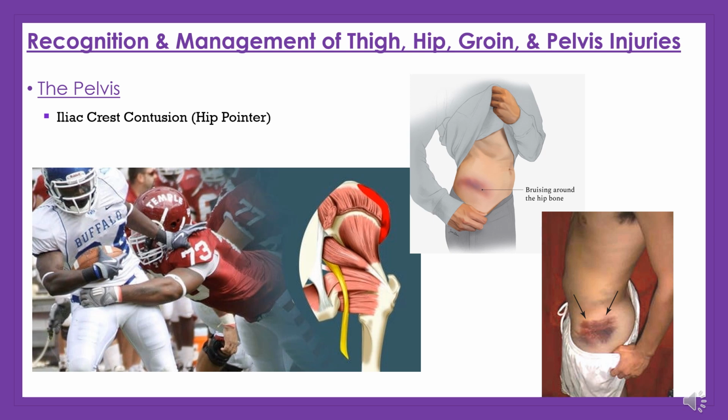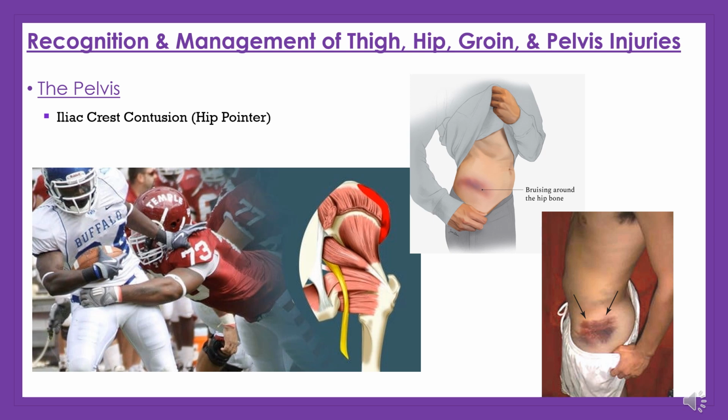Iliac crest contusions or hip pointers are another contusion that occurs in sports. We'll want to protect this area with some sort of foam padding before allowing these individuals to return to athletic activity, especially in sports where there's a high risk for another impact to the same site.